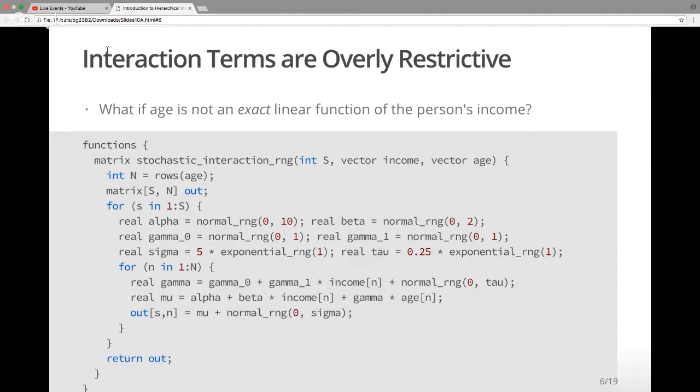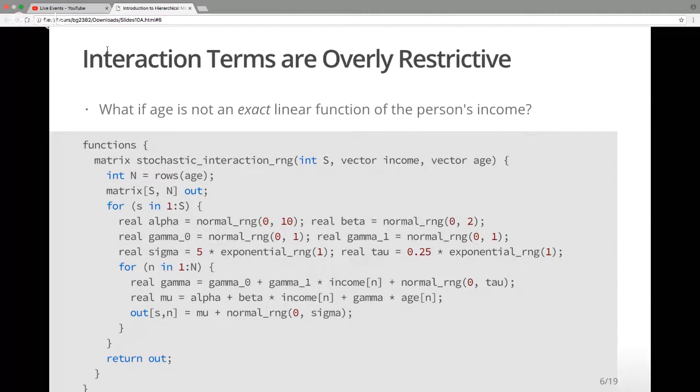Right. Well, again, ultimately, we're going to be estimating the posterior distribution of all these things. And it's entirely possible that the posterior distribution of gamma or whatever, this is really just a statement of our priors, and the posterior distribution can deviate from that.